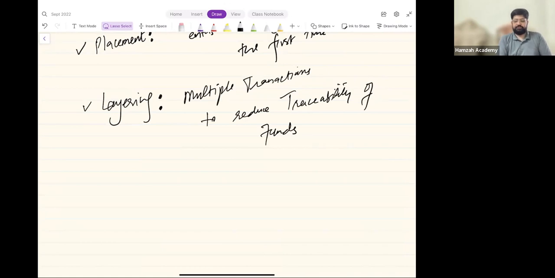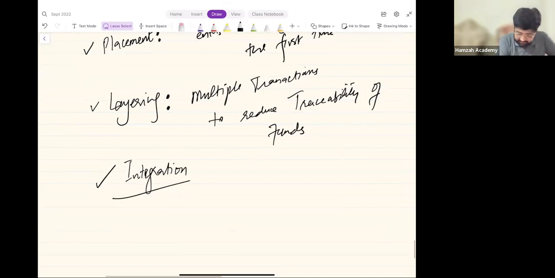Now, the third is integration. Now, in the layers, they send money internationally, sometimes offshore, and bring that back. Layers generated. Integration, the final stage.